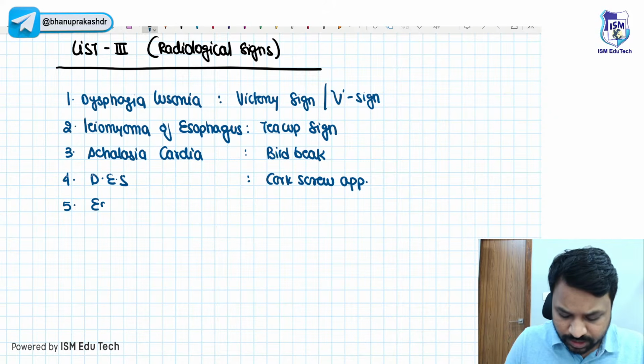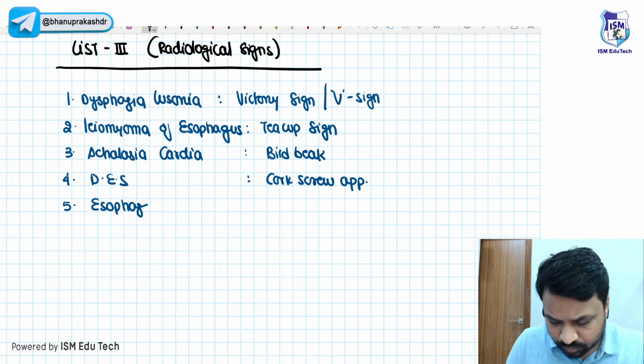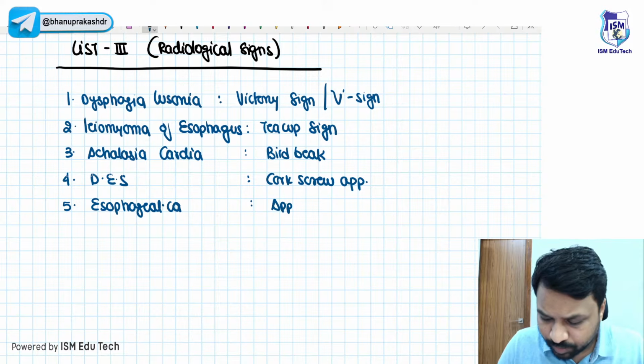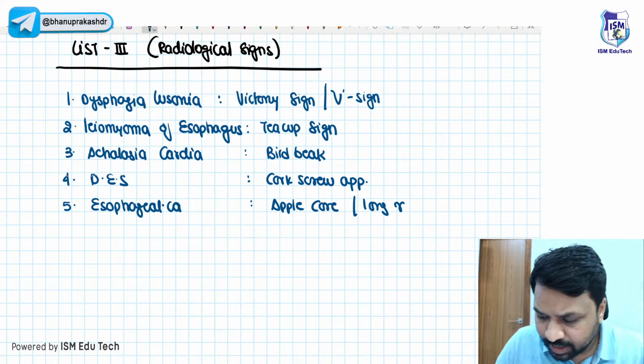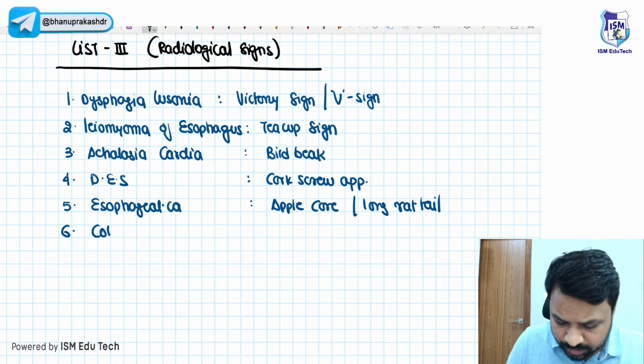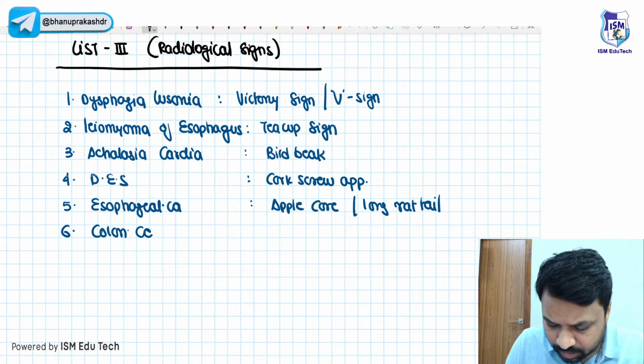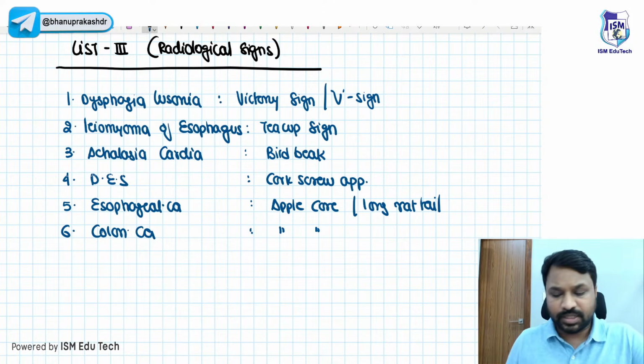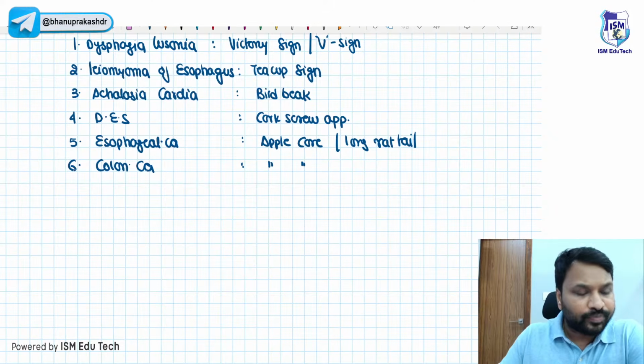For esophageal cancer, we have the apple core or long rat tail appearance. Remember, when it comes to colon cancer, again you would see an apple core appearance, right?